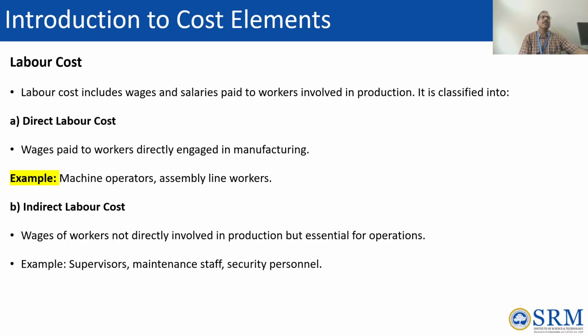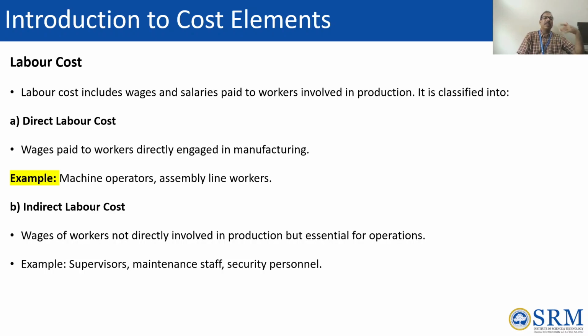Labor cost means wages or salaries paid to the workers who are directly engaged in the manufacturing process. But the cost we spend on people doing a supervising role, managing the place, or doing security jobs, for them we need to pay wages, right? That all comes under indirect labor costs.